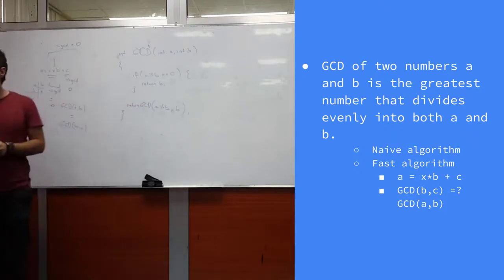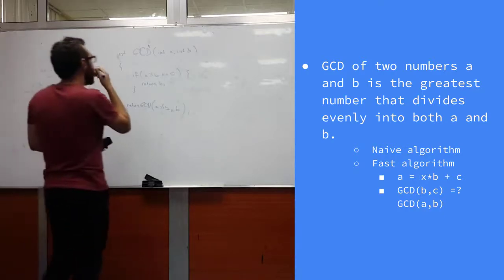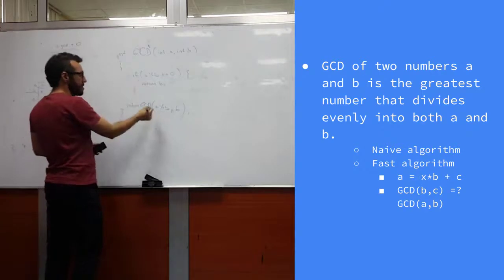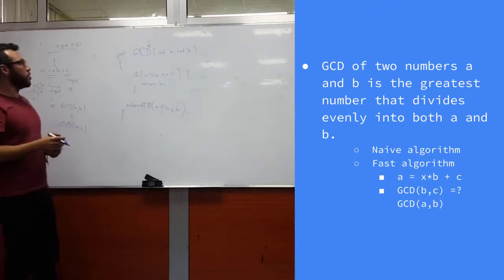Also, wouldn't you want the bigger one on the left side? Yeah. Would it make a difference? Since we're checking A multiple of B. Let's say if A is bigger, then this is going to work as we expected, right? What if A is smaller?